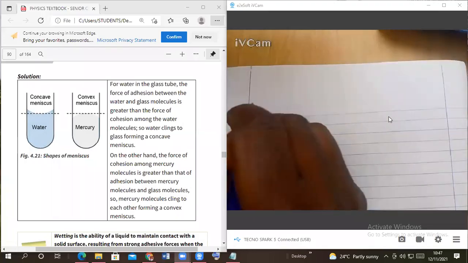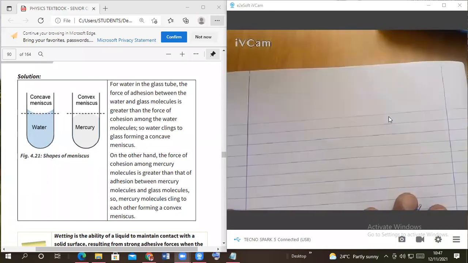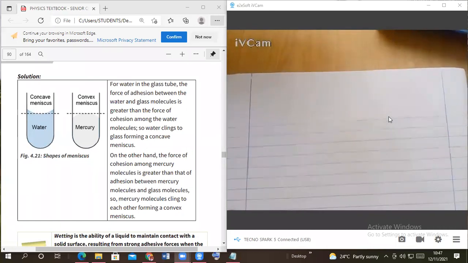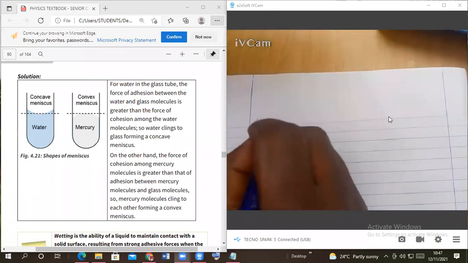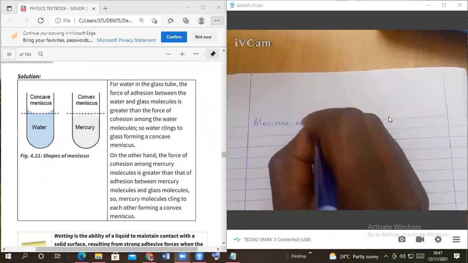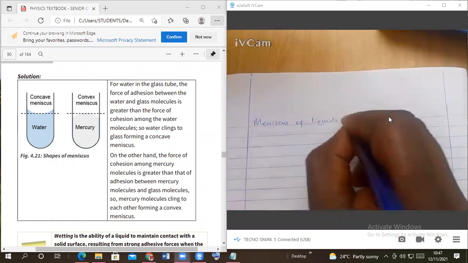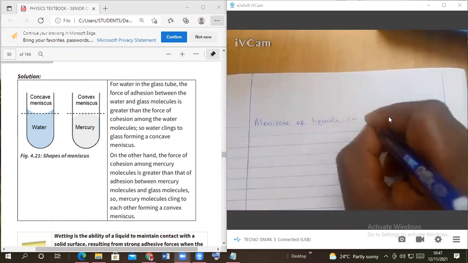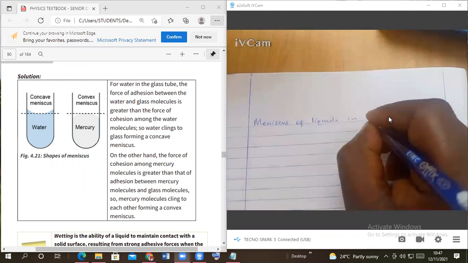So let us look at the meniscus of liquids in a glass tube.